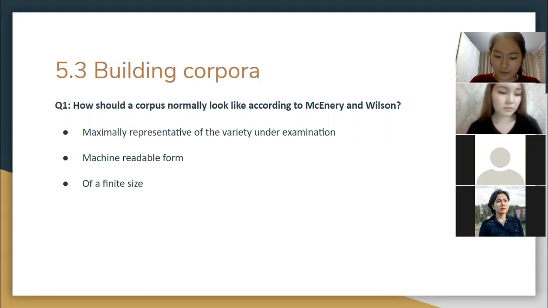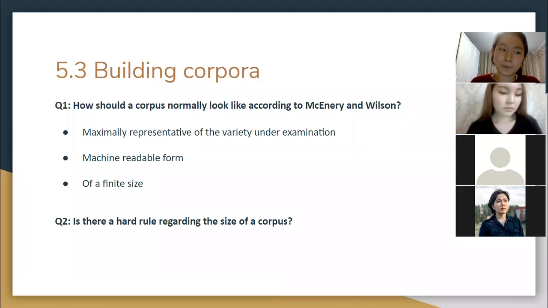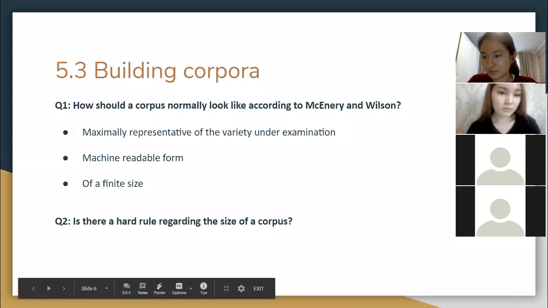So my next question arises here: is there a hard rule that would tell you exactly what the appropriate size of a corpus should be? Can I answer? Yeah. No, there is no criteria for size, but there are several other criteria.